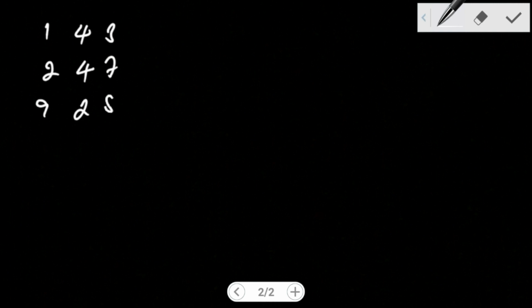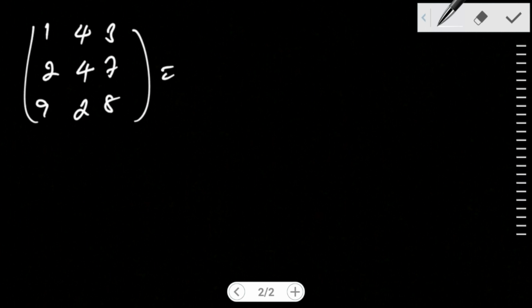Now, having determined the determinant of our matrix, let's have the matrix here for reference. We have 1 4 3, 2 4 7, and 9 2 8, as this was our matrix, which we labeled A, and we got the determinant of A to be equal to 110.